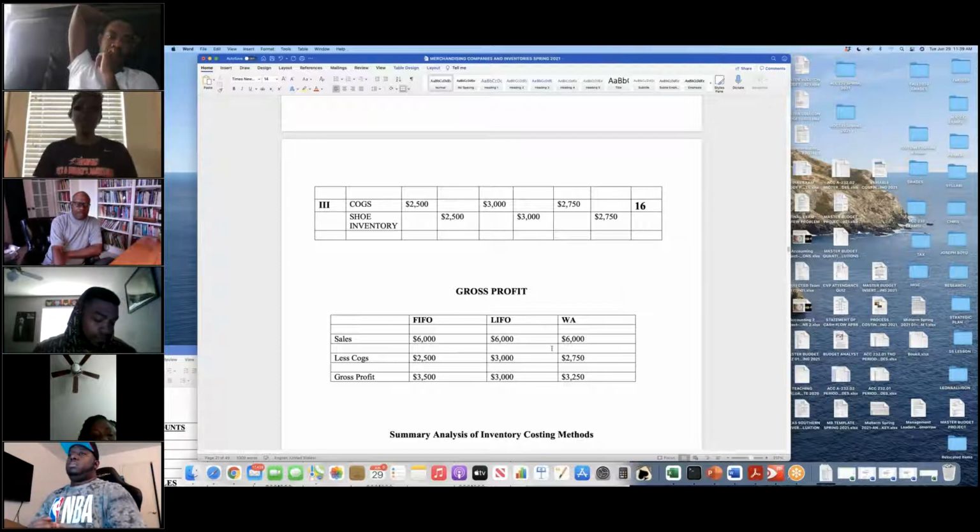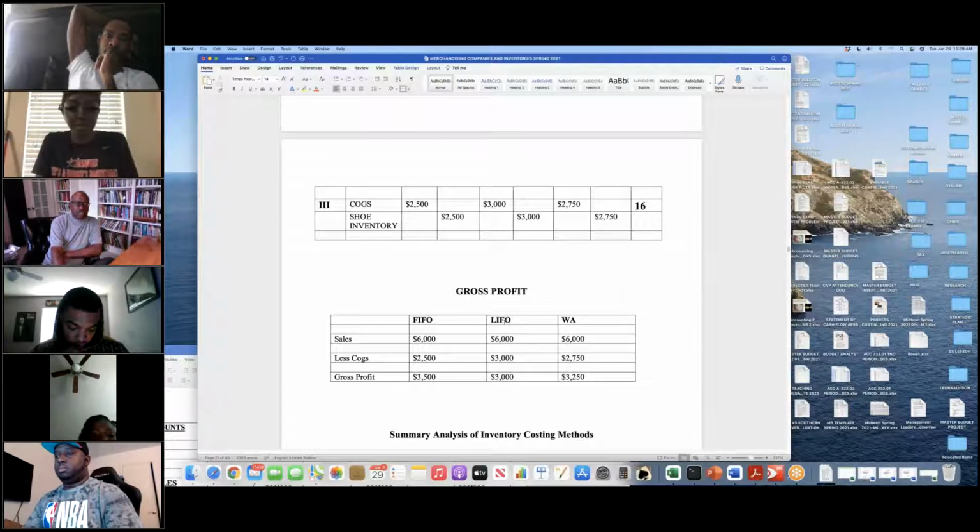Because LIFO in rising prices is going to produce a higher cost of goods sold and less gross profit, a lot of times manufacturers, producers, want to use this because they will pay less tax. So they're going to choose LIFO and try to have a cost flow that way.